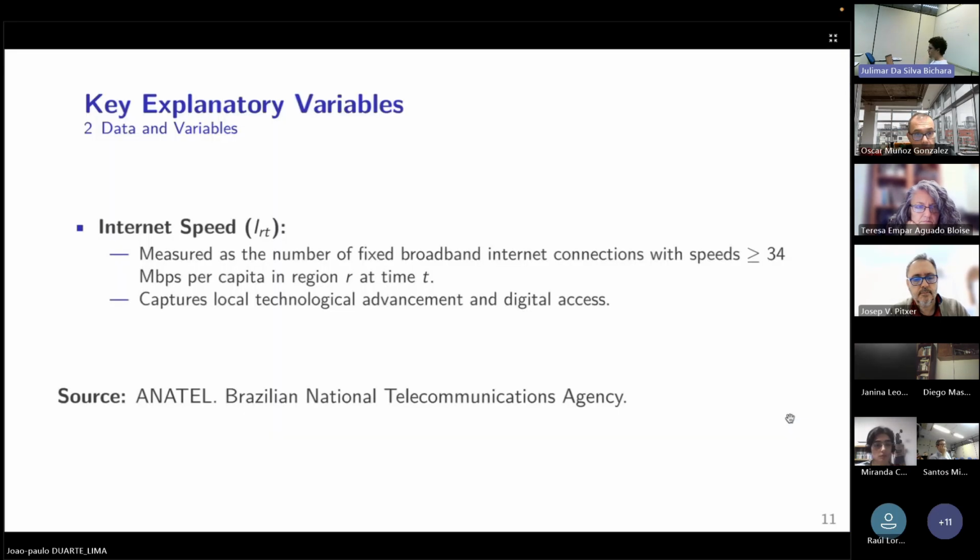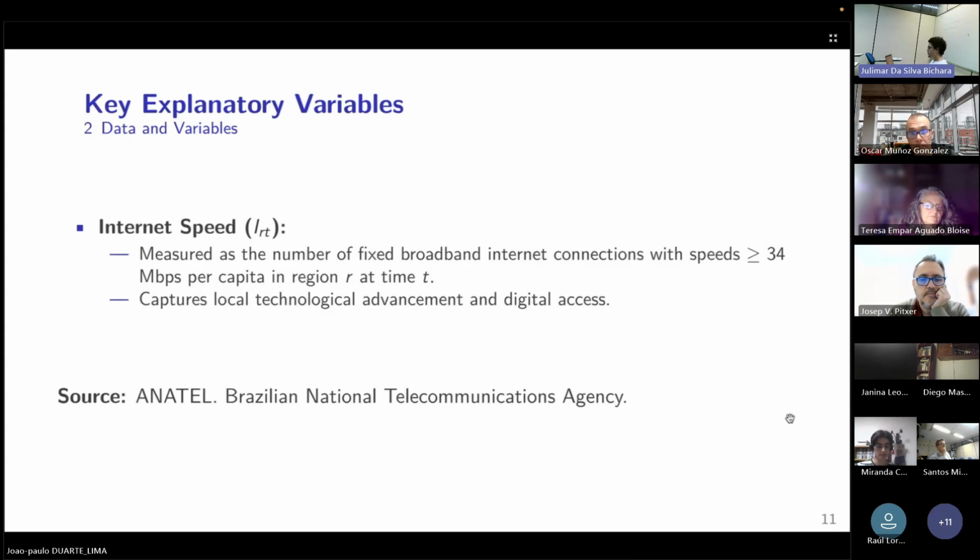For the data, my key explanatory variable is internet speed, measured as the number of fixed broadband internet connections with speeds over 34 megabits per second per capita in a region at a time. The idea is that it captures the technological advancement in a region and the digital access in this region.